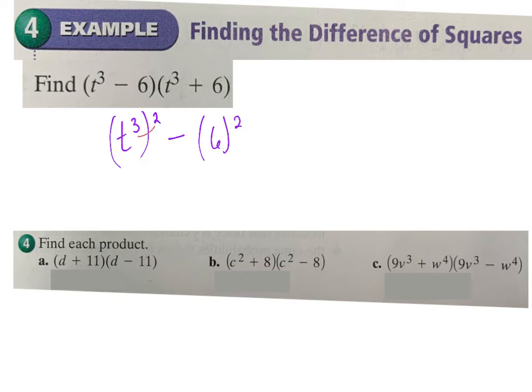What happens when I take a power to a power? What do I do with these? You don't add. You add when you're multiplying like bases. You multiply. So 3 times 2 is 6. So this is t to the 6th power minus 36. All right, and so you end up with a final answer of t to the 6th minus 36. And you don't have to FOIL it at all. You literally square the first term, subtract, and square the second term.